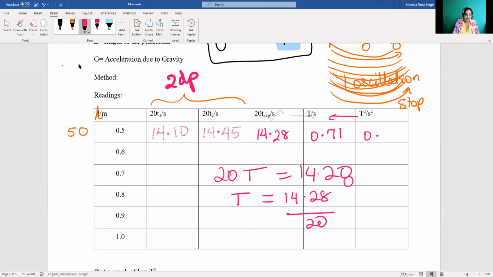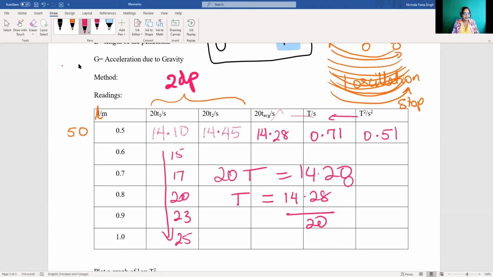Now, looking at the really silly mistakes people made during the last lab, you are going to get successively larger times, meaning 15, 17, 20, 23, 25. It's not going to be that actual time, but you are going to get successively larger times for each length.